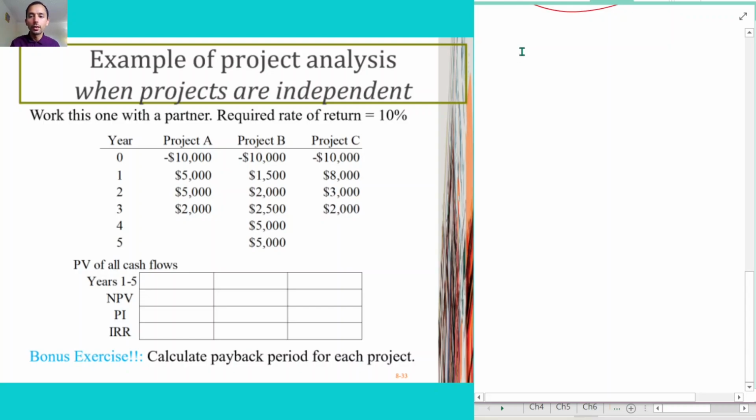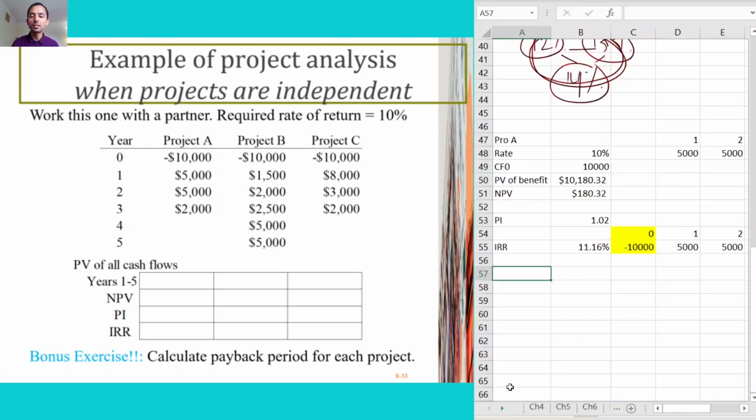Or we can just use Excel, you know, when we have Excel, why not use Excel, right? Payback. So we have minus 10,000. I want to input all of the cash flows, 5,000. 5,000, I guess 2,000, and then find cumulative here.